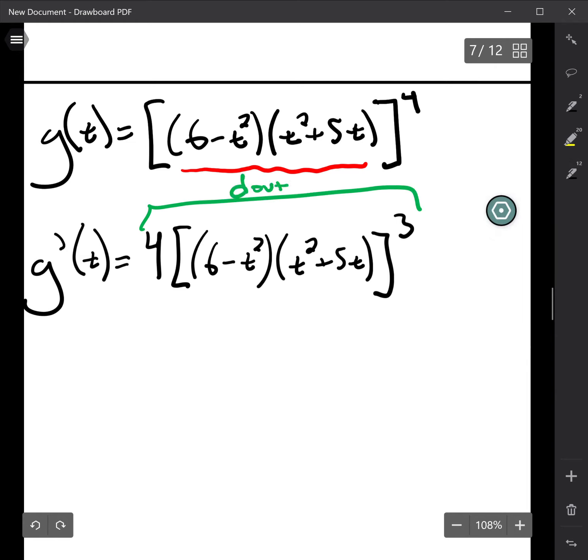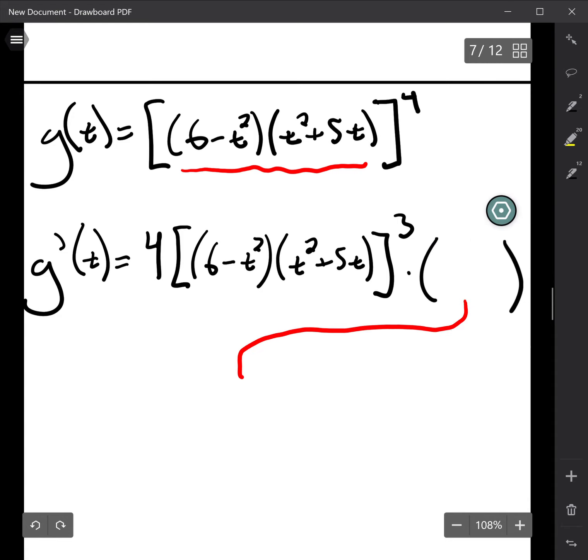Now ultimately we're going to be multiplying that by d in. But yet again, just like last problem, I'm going to need you guys to be okay with me kind of bringing this here and saying, hey, you're going to copy paste what I write right here inside.